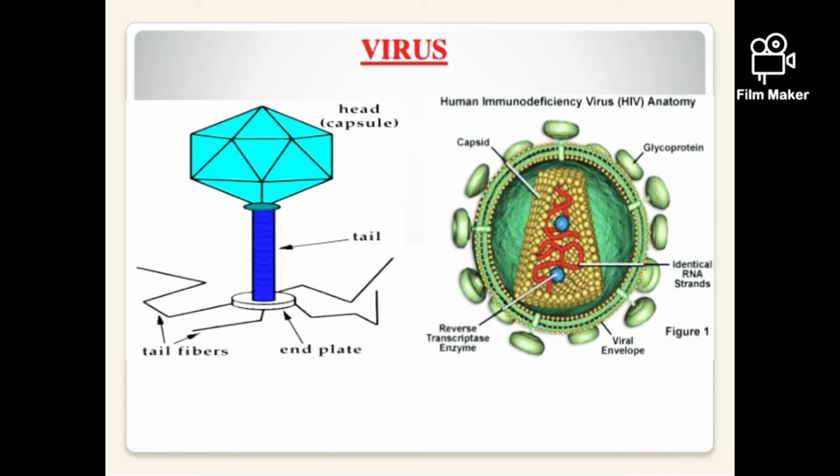It is divided into four parts: head capsid, tail, tail fibers and end plate. In the image, we can see the human immunodeficiency virus anatomy. The capsid covers the identical RNA strands and reverse transcriptase enzyme, and glycoprotein is the covering of the virus envelope.